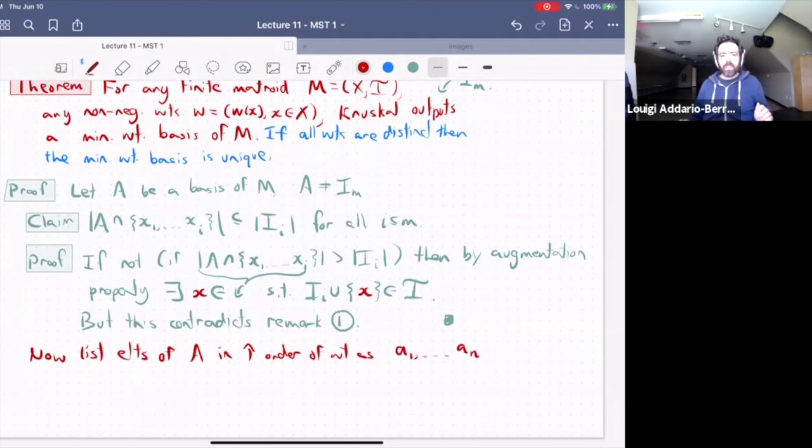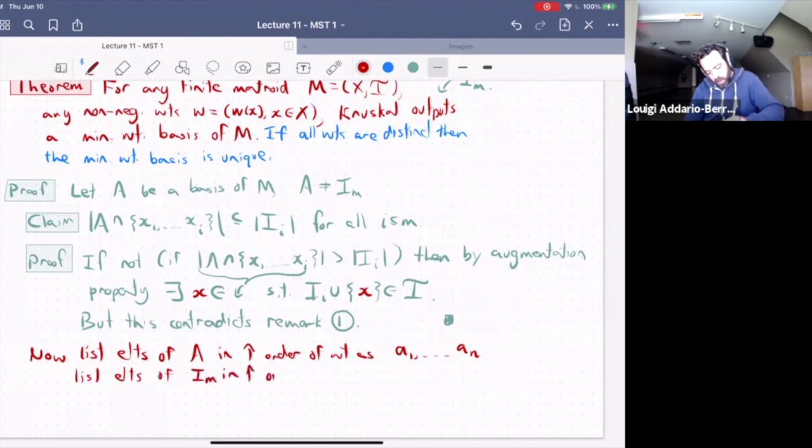All of the bases in a given matroid have the same size, and I'm just calling that size n. And I'll also list the elements of I sub M, the greedy basis, in increasing order of weight as, let's say, y1 up to yn.